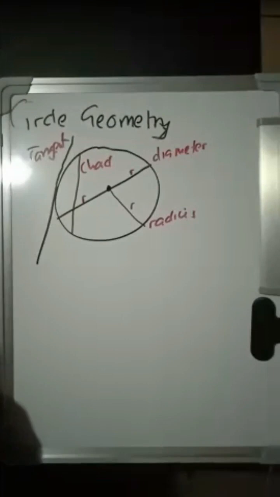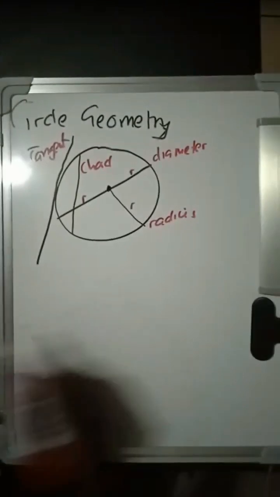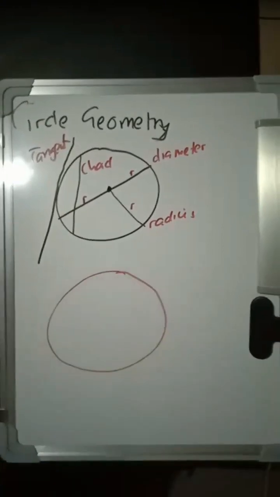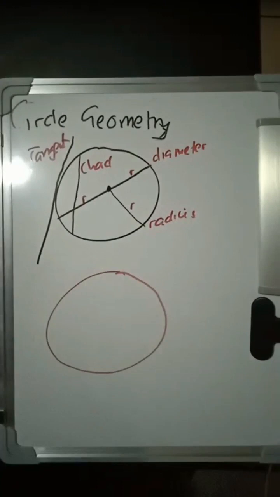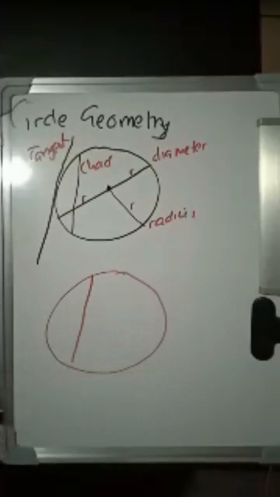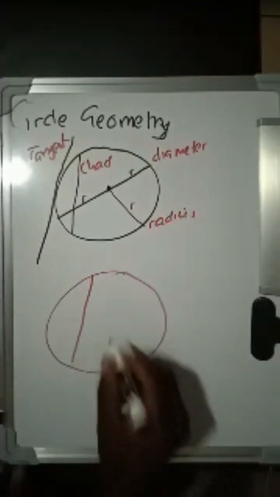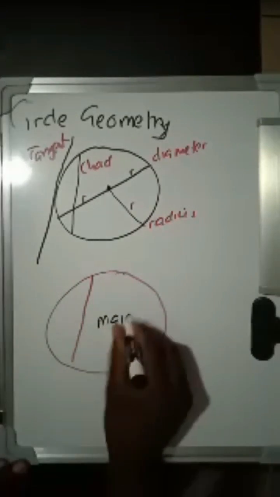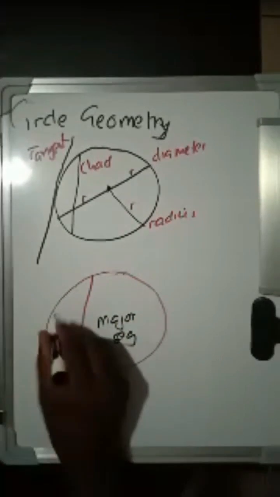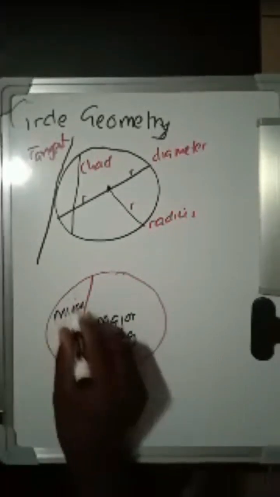Then if we look at the chord, guys, I'm gonna draw another circle. I hope it's visible there. The chord divides the circle into two segments. So we have the major segment. I'm gonna write seg. Then we have the minor seg.